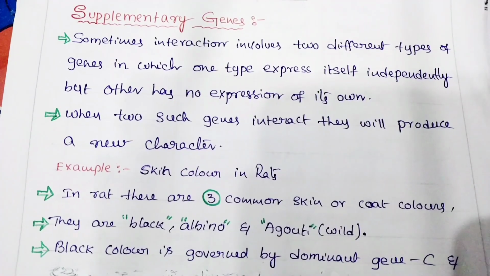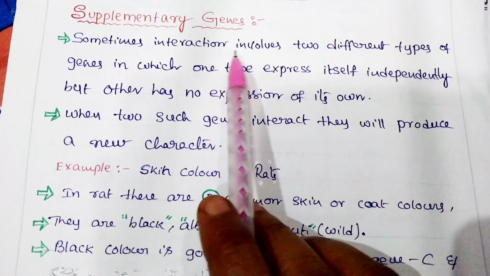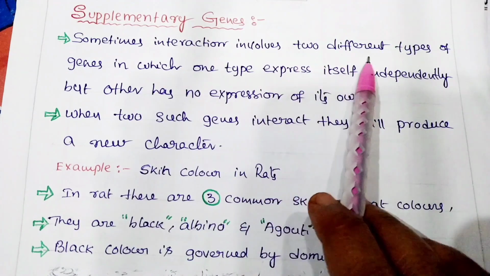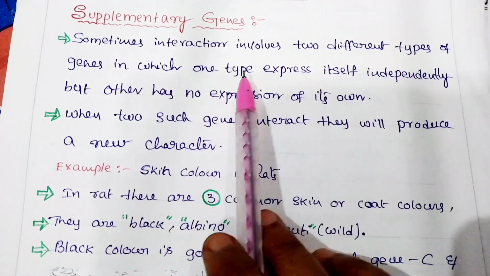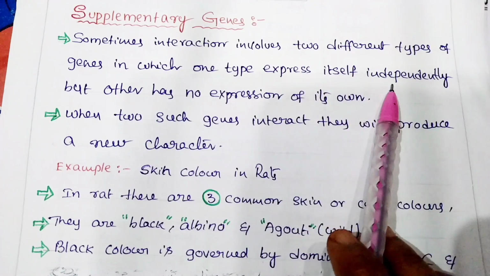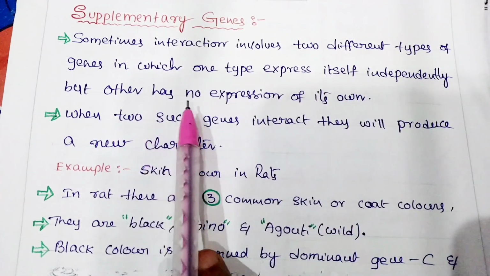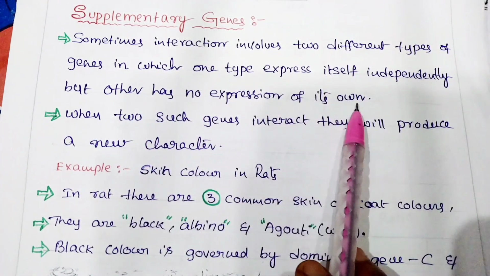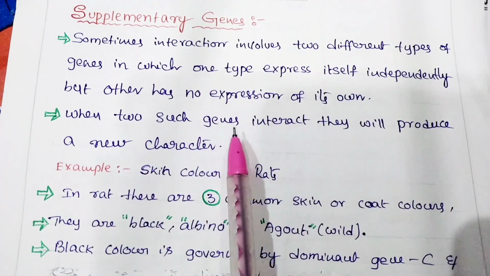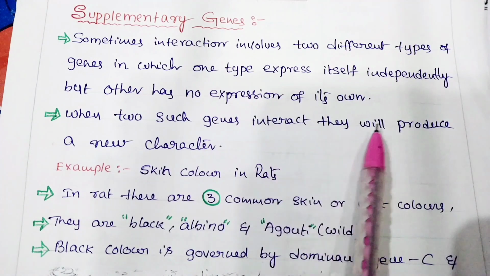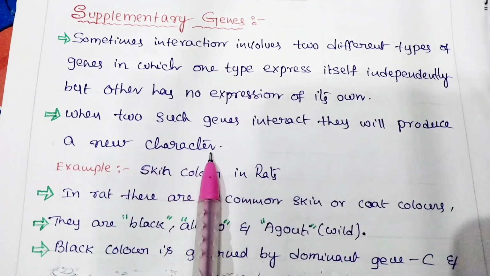Let's see the next type, supplementary genes. Sometimes the interaction involves two different types of genes in which one type expresses itself independently but the other has no expression of its own. When such two genes interact, they will produce a new character.